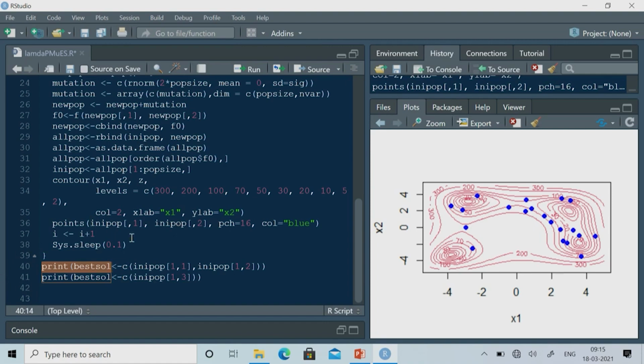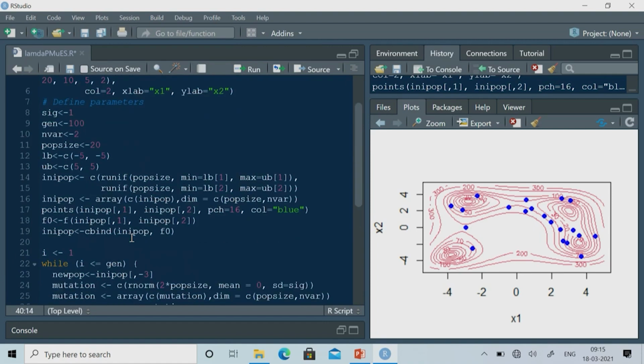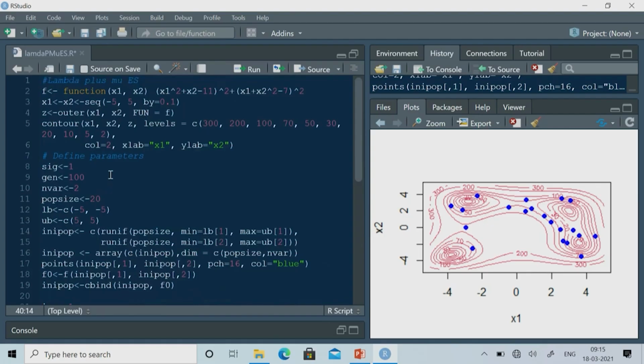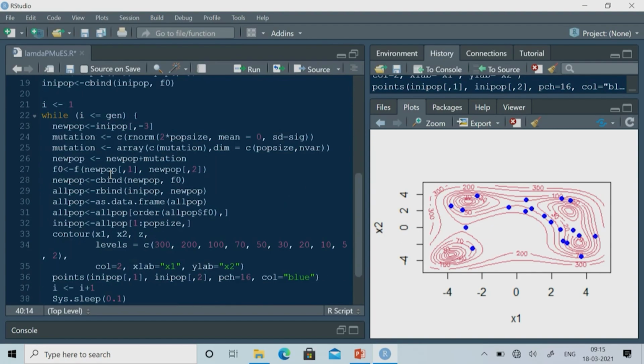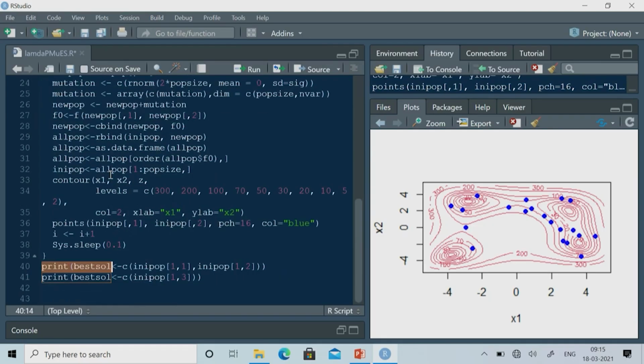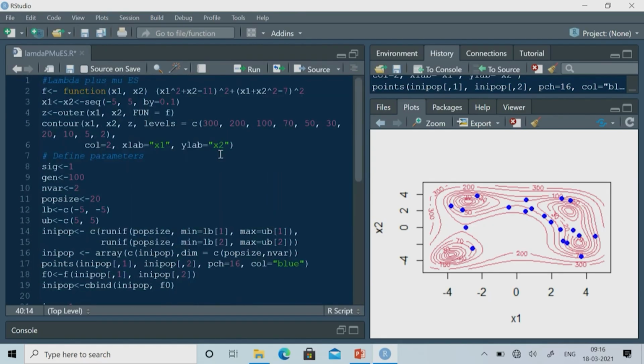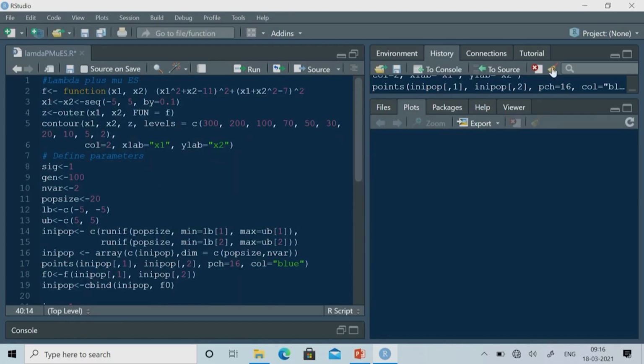We have around 41 lines, and some of the lines are just to plot the function, but if you are not plotting, the actual algorithm will be hardly 15 to 20 lines. Now let us execute this particular program. From the beginning, I am cleaning everything.